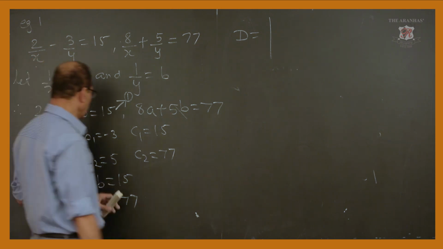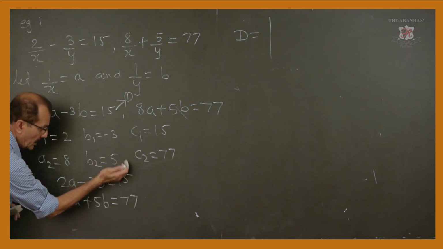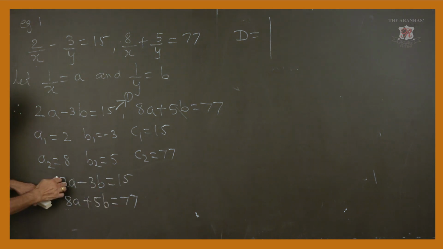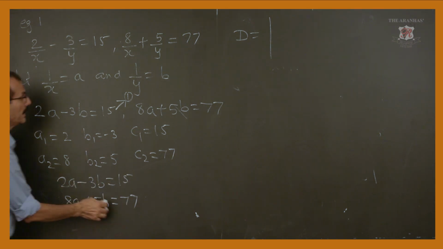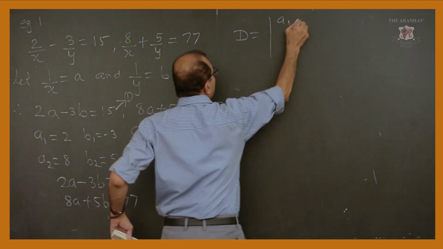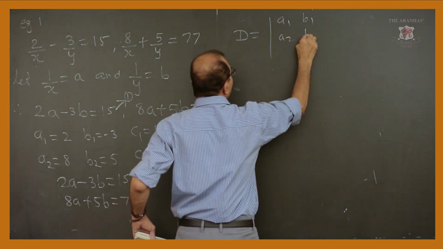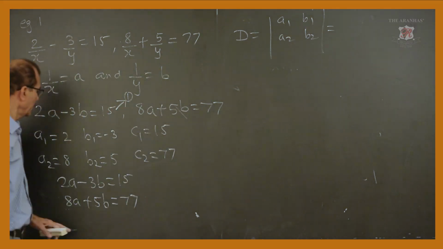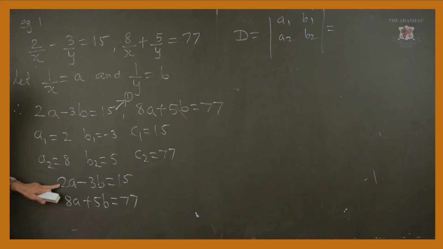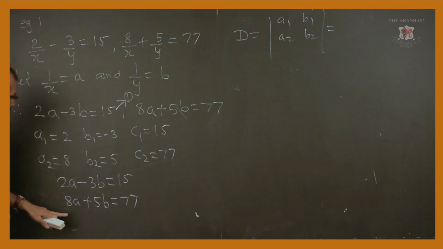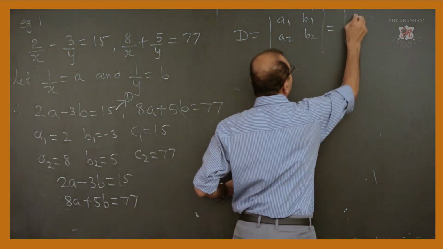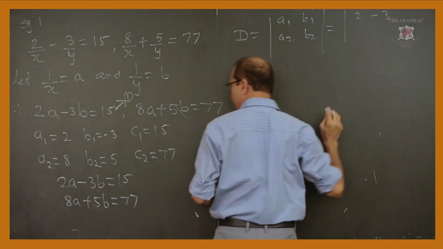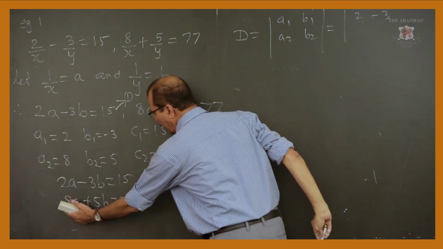So D is what? Dropping the constant column, you get here a1, b1, a2, b2. So the first row is 2, minus 3 and the second row will be 8, 5.